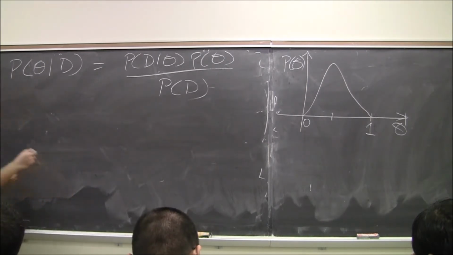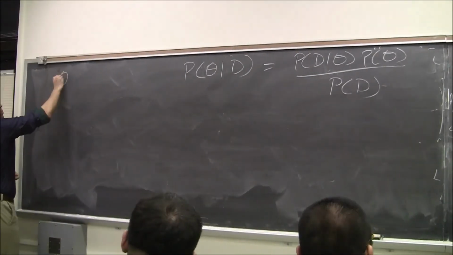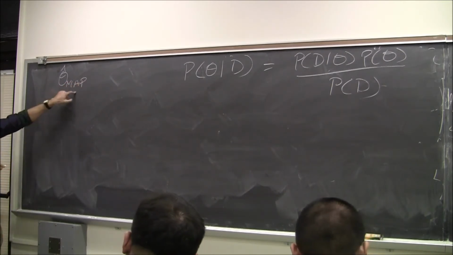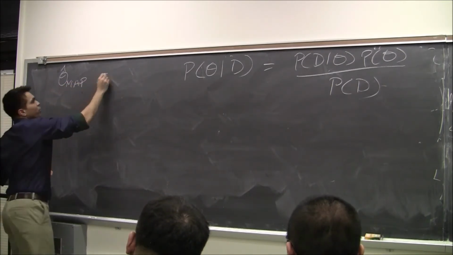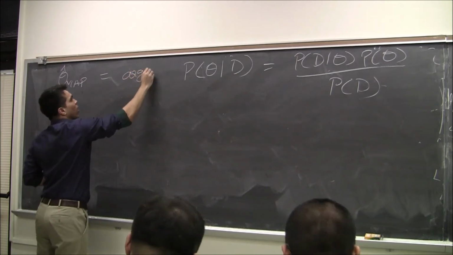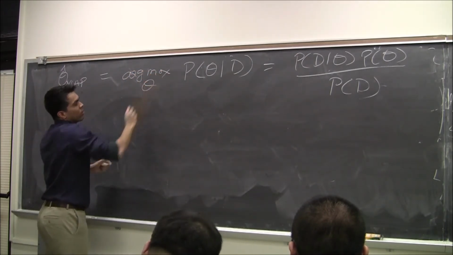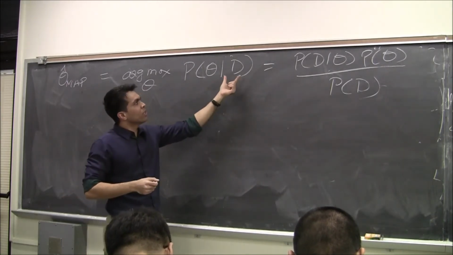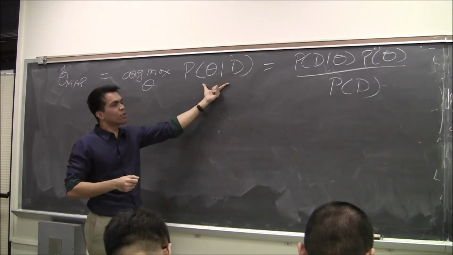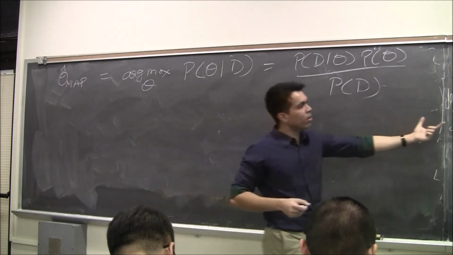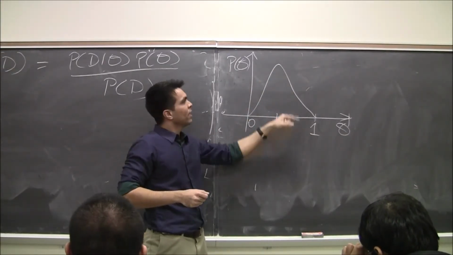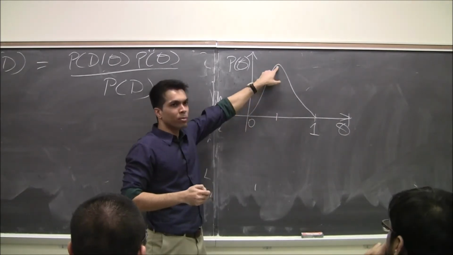And what we're going to do is work with a particular estimator called theta MAP, maximum a posteriori, which is going to be the argmax of the posterior distribution. So after you have observed some data set, what do you believe about this? That's going to be some density function, some distribution between 0 and 1. And I'm going to ask you, what do you believe in the most?